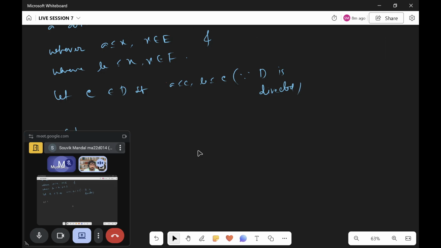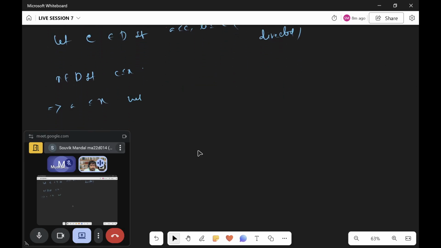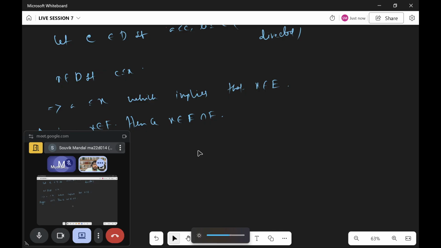Now take X in D such that C is less than or equal to X. So this tells that A is less than or equal to X, which implies that X belongs to E. Again, B is less than or equal to X, so X belongs to F. Hence, X belongs to E intersection F. So let me explain.